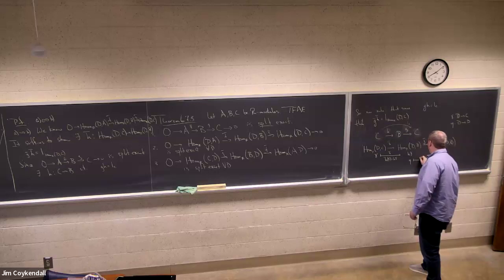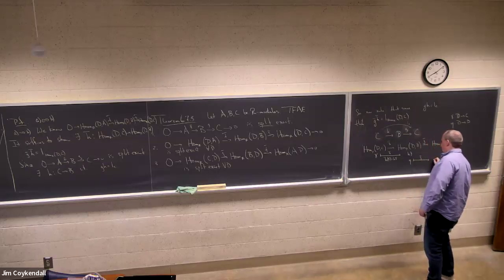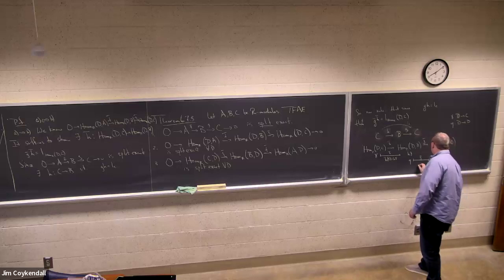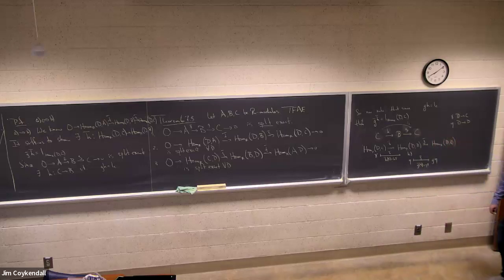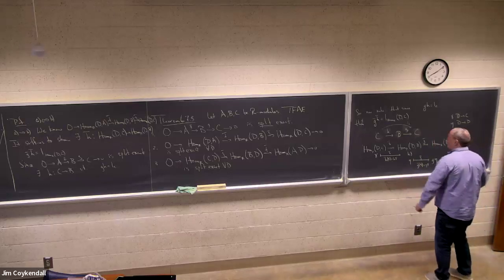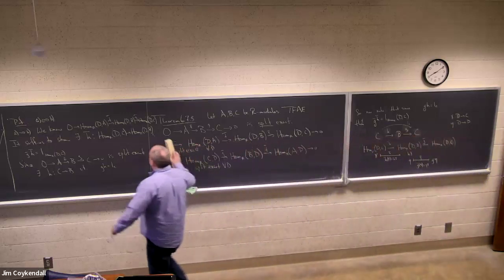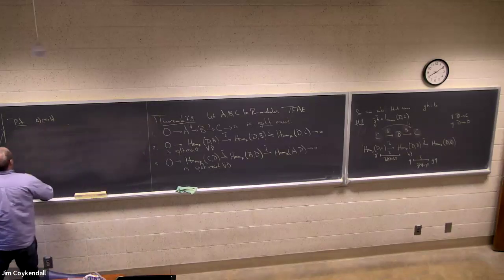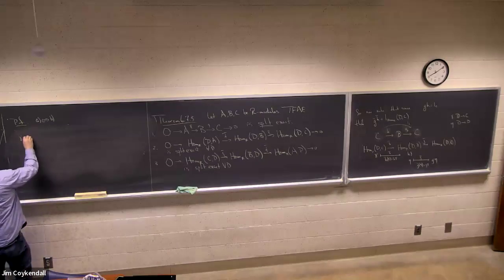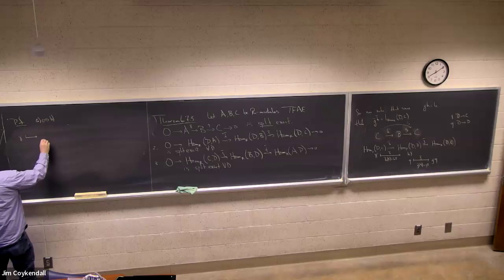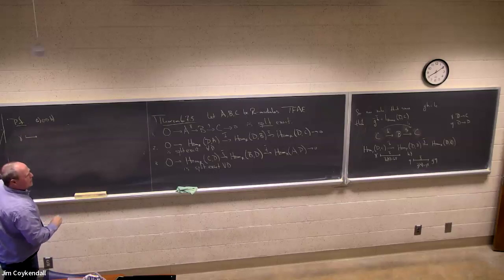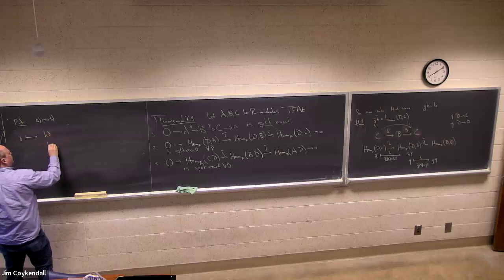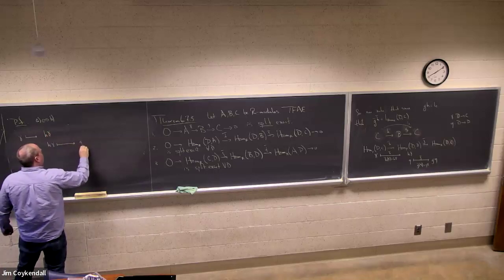So G bar. Notice that when you start with gamma, then this pushes on to H gamma, and then H gamma pushes on to GH gamma.